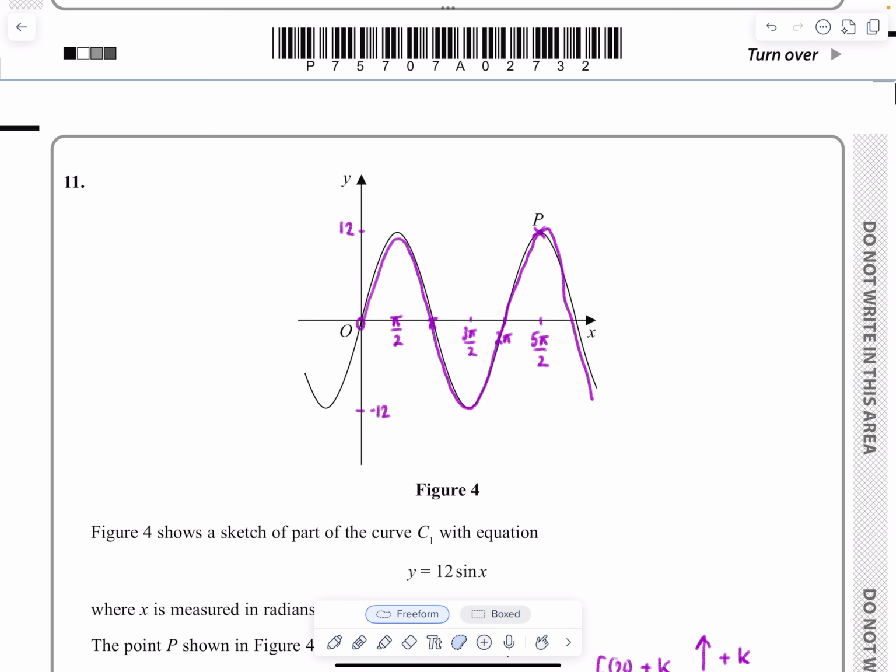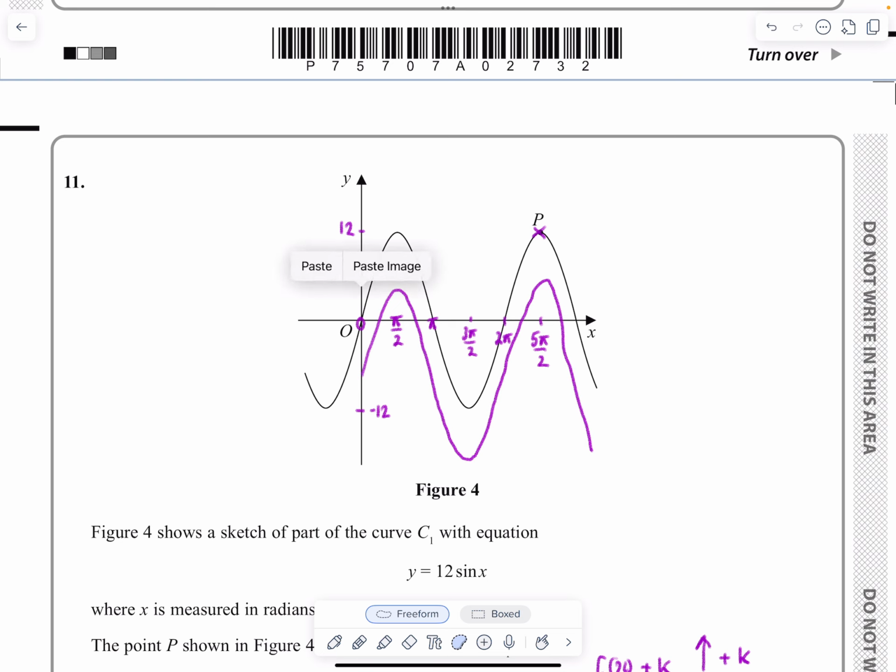What I want to do is to move this whole graph down to the point where this maximum value here is 3. So I can see that I've moved that down by 9 units. This would now be at minus 9. This value here would now be at minus 21. Everything has moved down by 9 units.